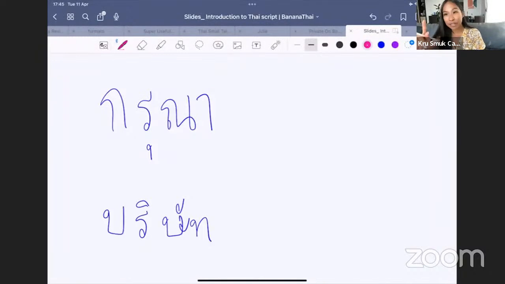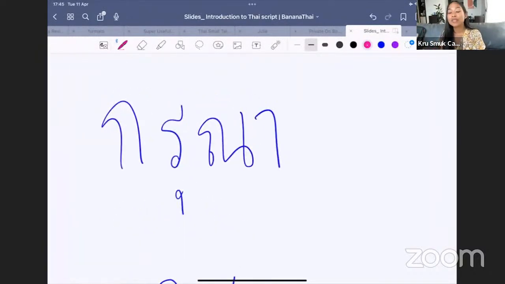But let me explain first, and then I'll give you a bit of a tip. So this word is pronounced ka with a hidden sara a, ru na. This is Karuna, with a hidden sara a.